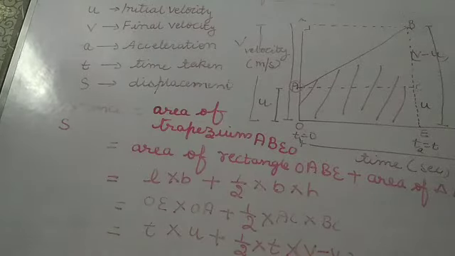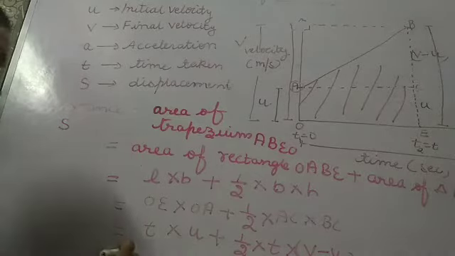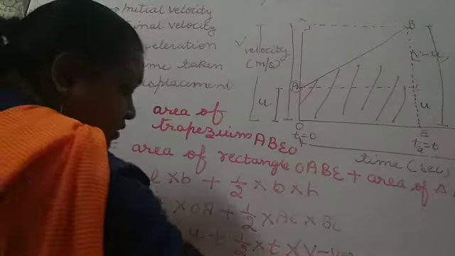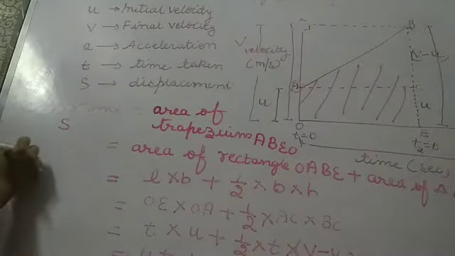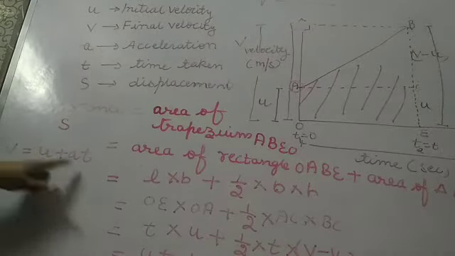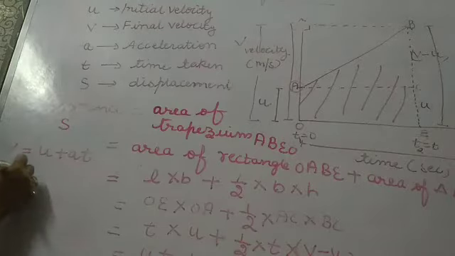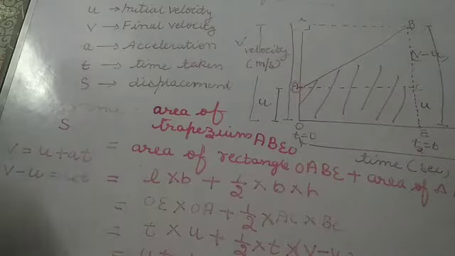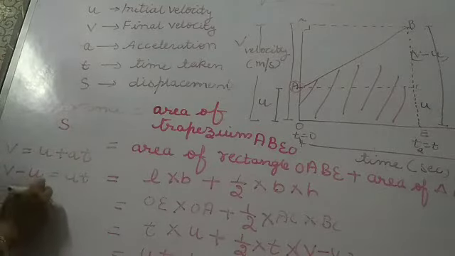Then what can I write here? From the first equation of motion, v is equal to u plus at. We have got this from the first equation of motion. If I bring u to the other side, v minus u is equal to at, isn't it?